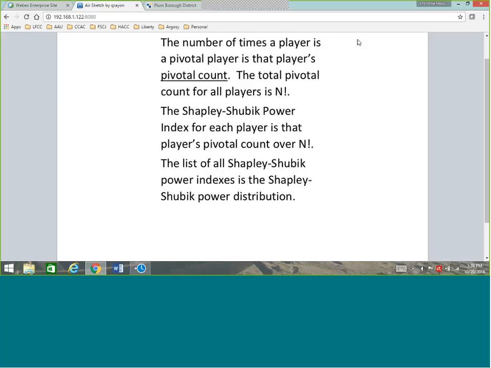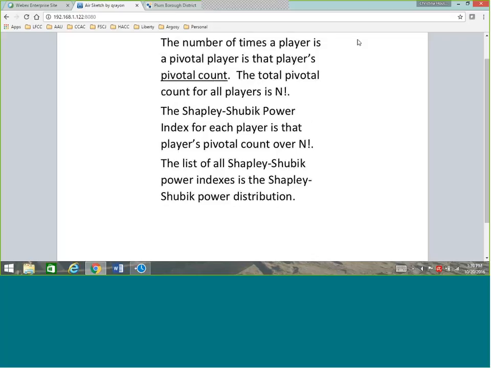That total number of times that player's underlined is that player's pivotal count. And the total pivotal count for all players is always n factorial. So if there's 4 players, then the total would be 24 because there are 24 sequential coalitions with 4 players.